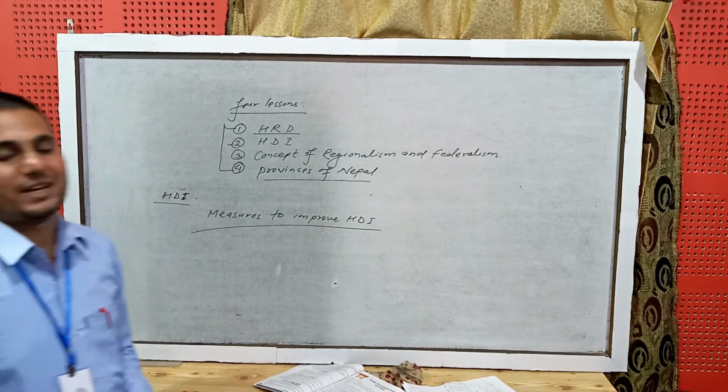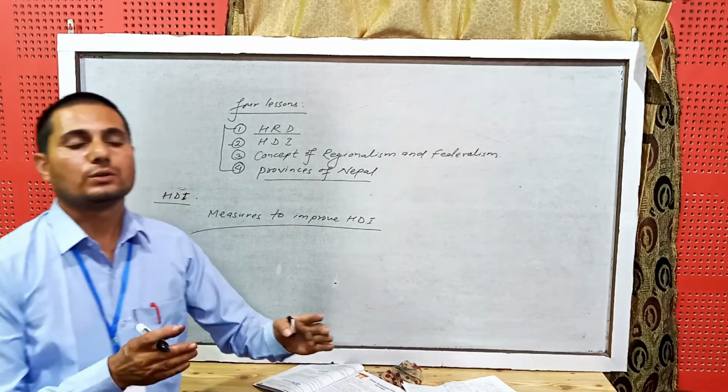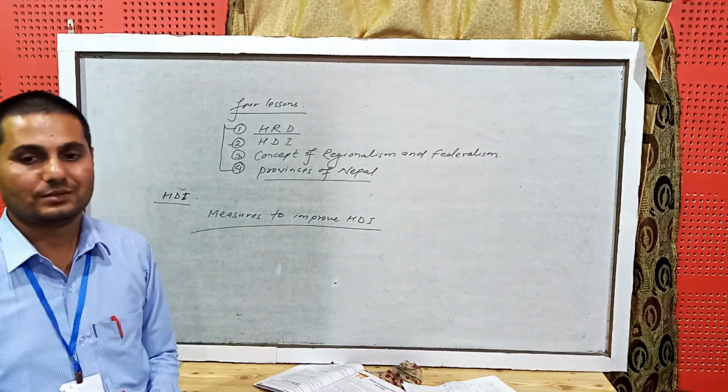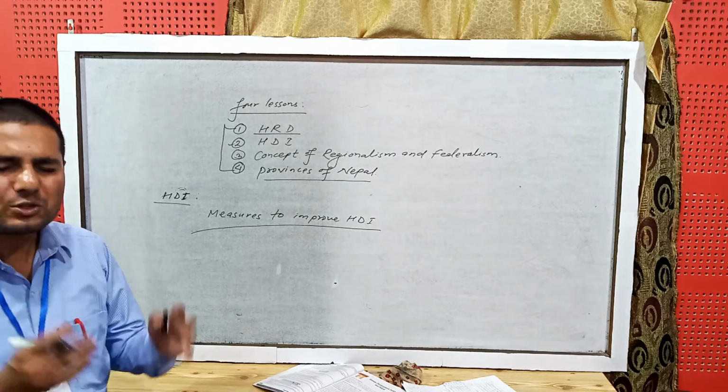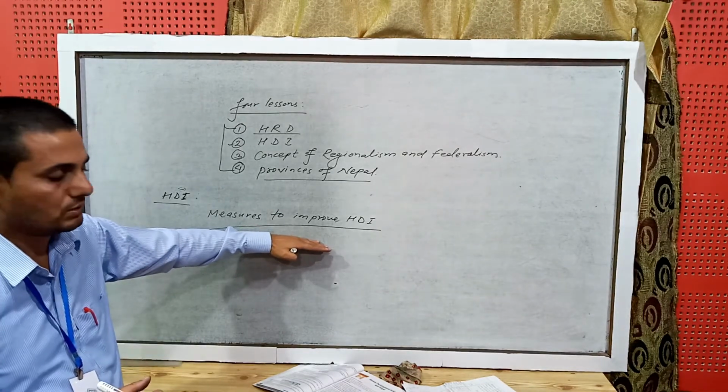Measures to improve HDI. If the countries are poor, what should be done to improve the HDI of this country?